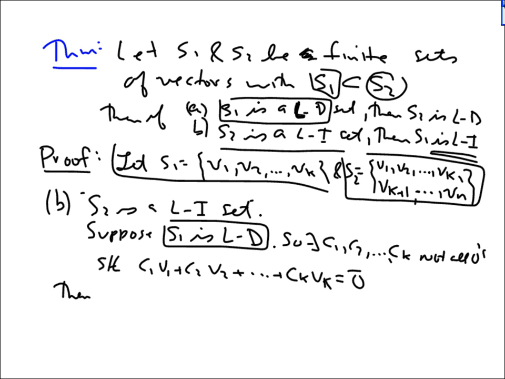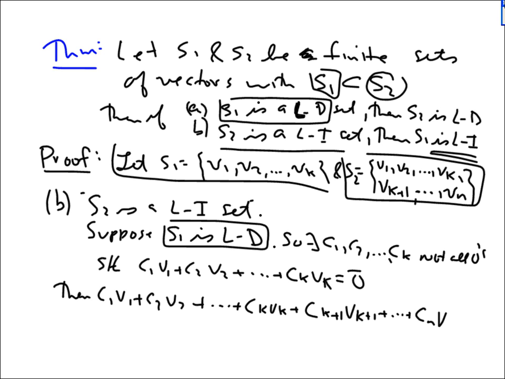Then C1 V1 plus C2 V2, all the way up to CK VK, and then further on, namely C(K+1) V(K+1), all the way down to Cn Vn.